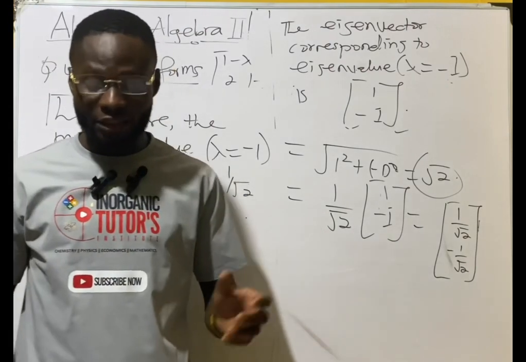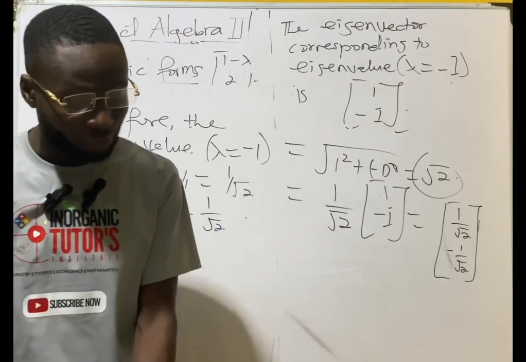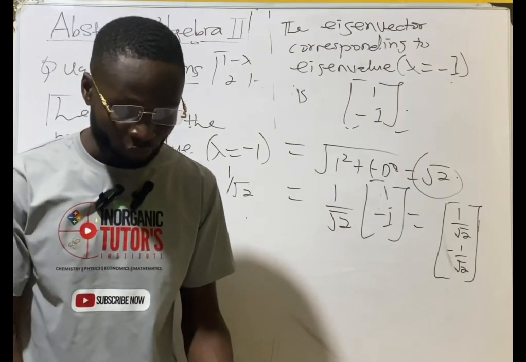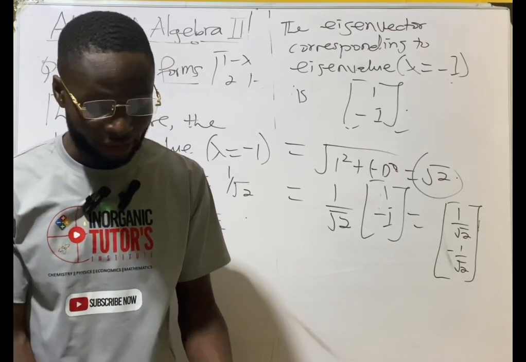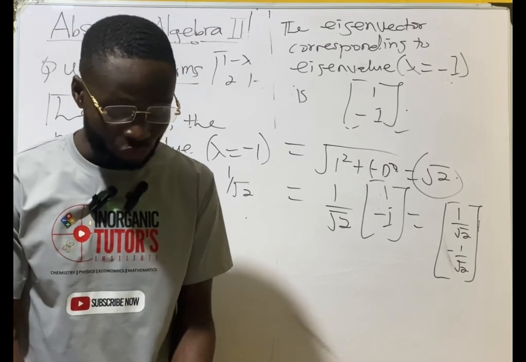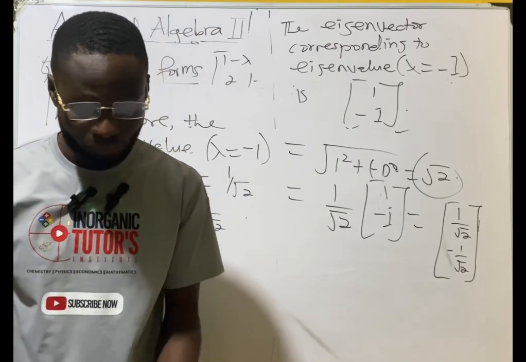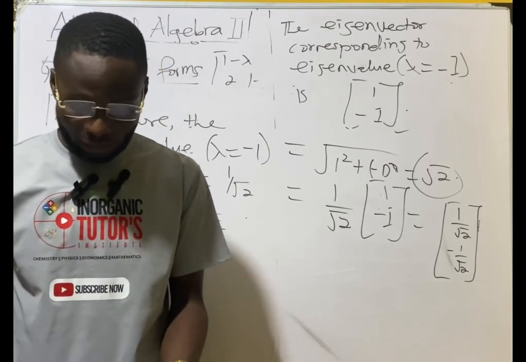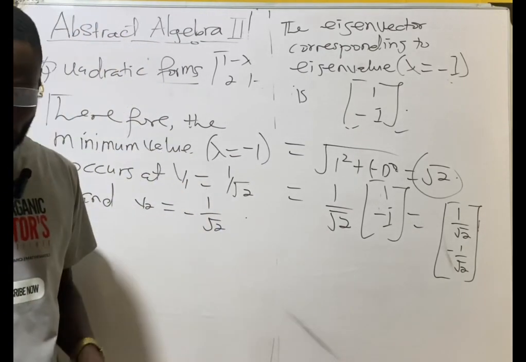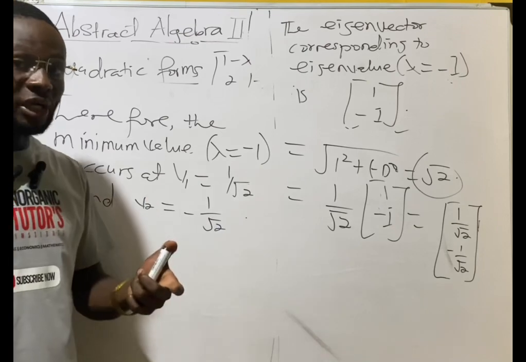This is basically the 2x2 problem. So we can as well have a 3x3 problem, which is going to be a lot of work. It's going to be a lot of calculations. So yeah, I'll give one example so that we try it out.